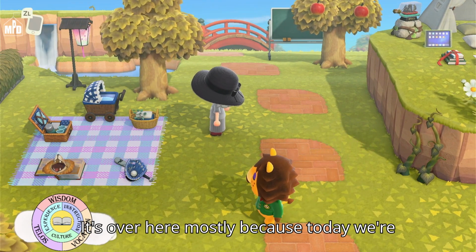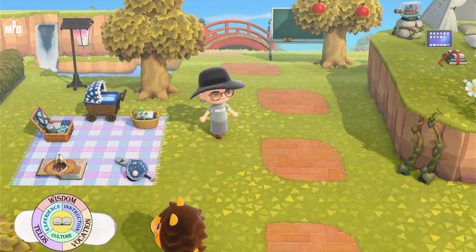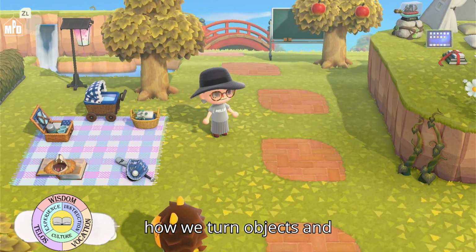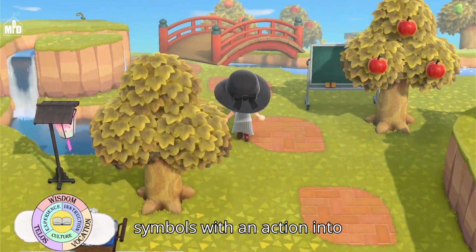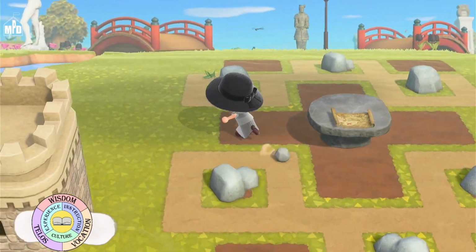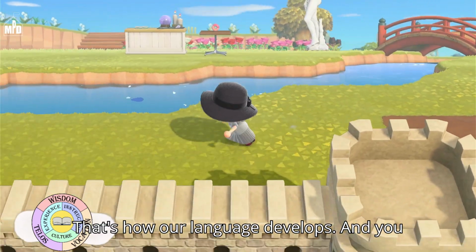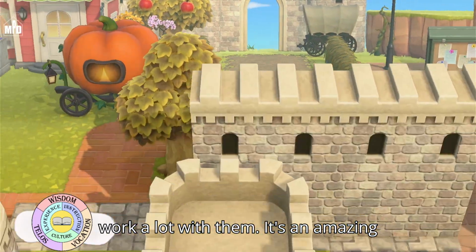It's over here mostly because today we're talking about symbols and how we turn objects and symbols with an action into a verb. This is how it develops. That's how our language develops, and you can see this with young children if you work a lot with them.